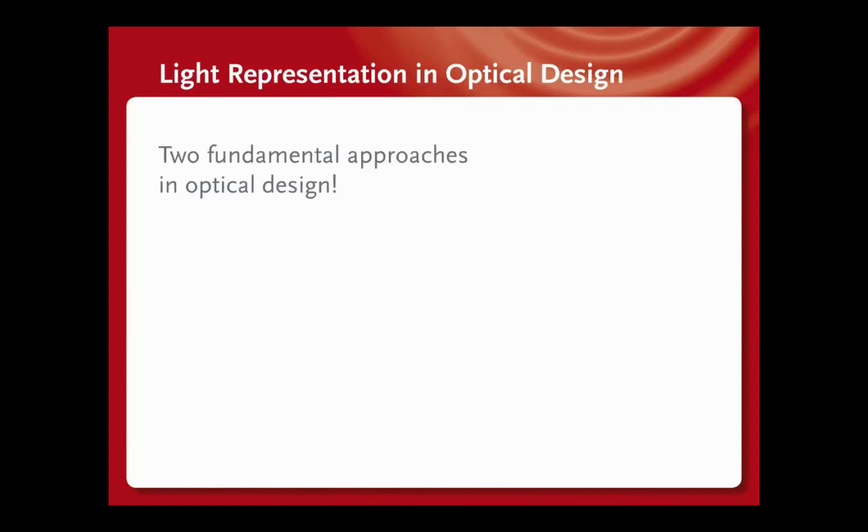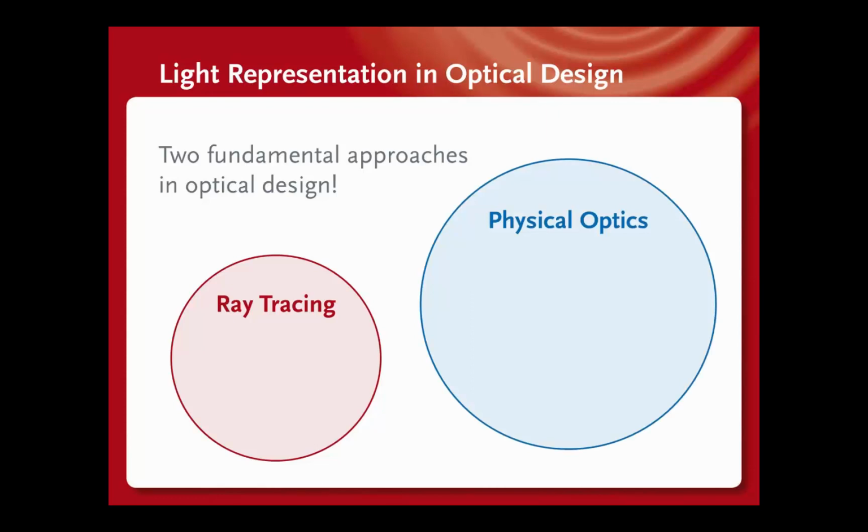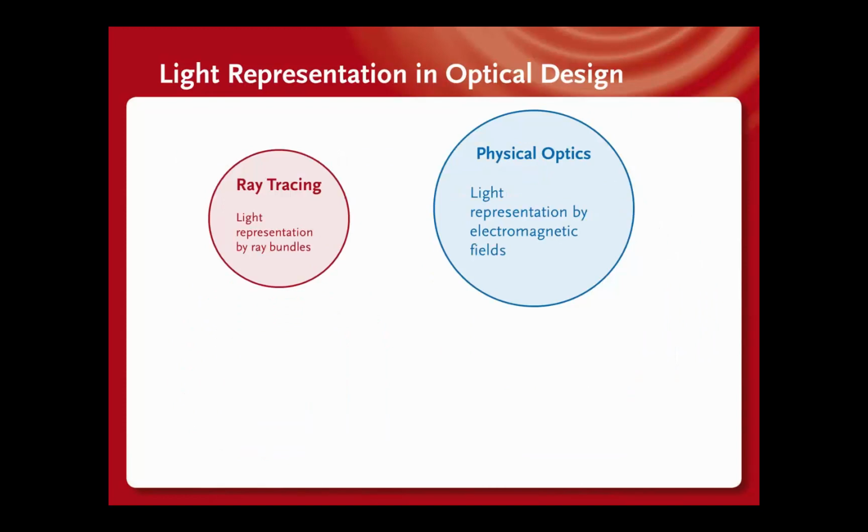If you look at different types of optics software, you will see that we typically have two different approaches. There is software that is based on ray tracing, and there are other software tools based on physical optics. So what does it mean? If we use ray tracing software, we typically use ray bundles to model light in a computer simulation, and it means rays carry at least position and direction information.